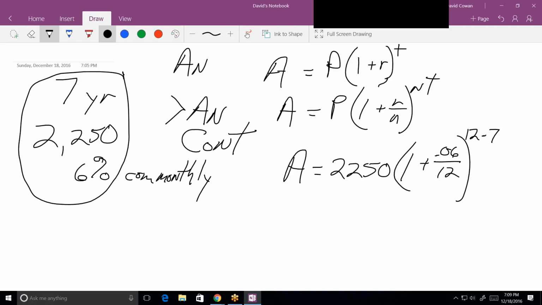Okay. Go ahead and get it, just because I have a good idea. 7 years, 6%, that usually doubles the money. Your final A should be in the neighborhood of $4,000 to $5,000.